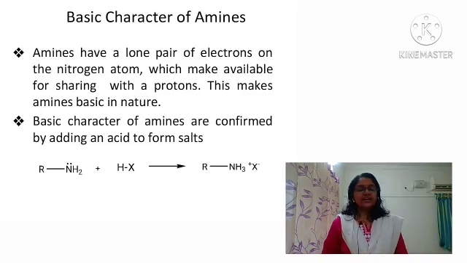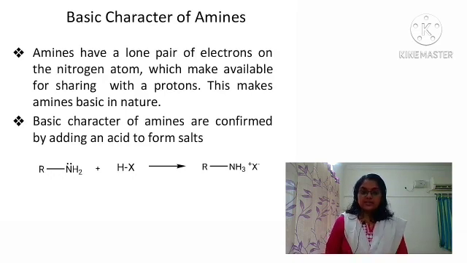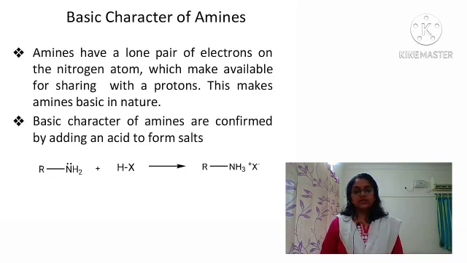The basic character of amines is further confirmed by adding an acid to a primary, secondary or tertiary amine. It results in the formation of a salt. And after the formation of the salt, when we add a base, it can revert back to the primary, secondary or tertiary amine. So we have discussed that primary, secondary and tertiary amines are basic in nature.